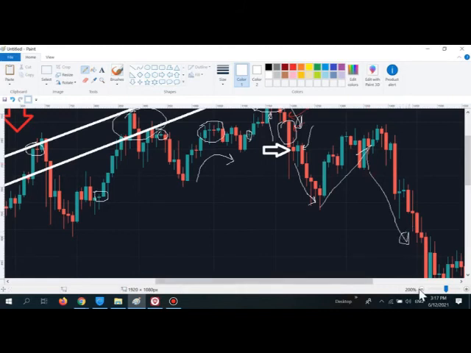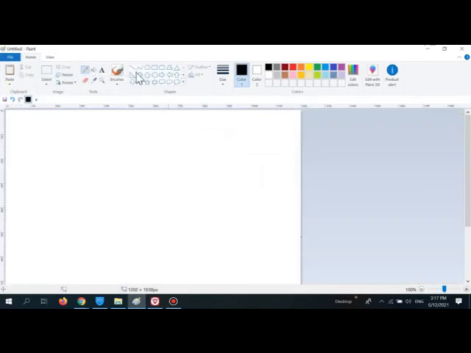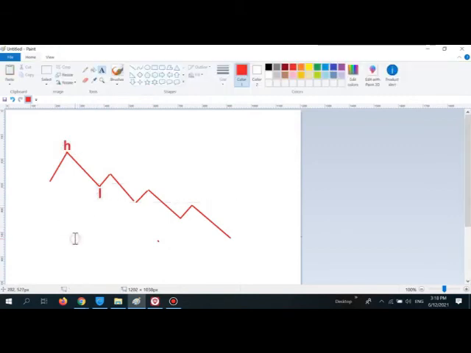What is a downtrend, my friend? Let's picture it in a different chart, an exemplar chart. You see, downtrends are like this. Imagine these lines are candlestick patterns. We call these points highs and these ones lows.